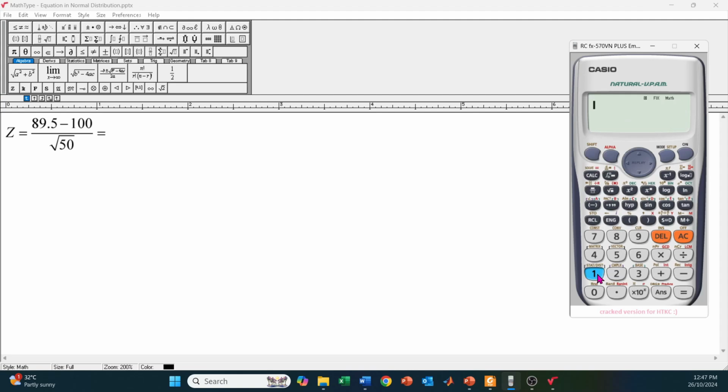Go back to the normal calculation menu. 89.5 minus 100, divided by square root 50.